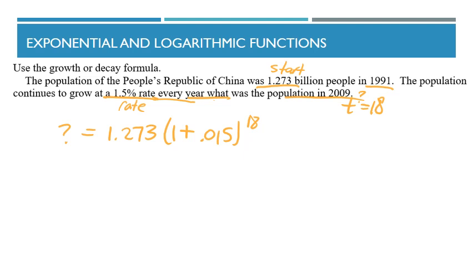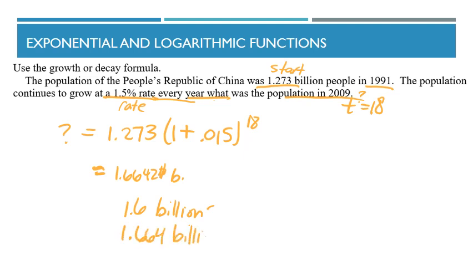So I end up with approximately 1.66424. Now, all of this was billion, so you don't have to move the decimals a bunch. I'd be okay if you just said 1.6 billion, because that's how they labeled. Well, actually, they had 3 decimals, so maybe we should say 1.664 billion.